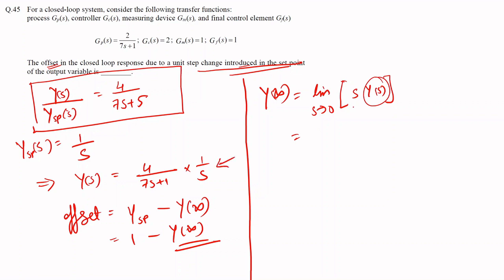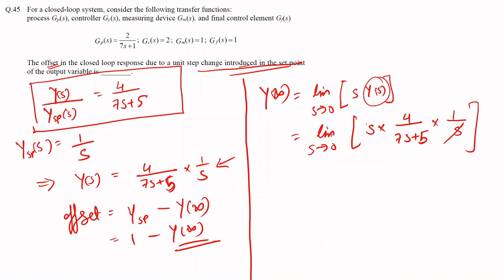We will get the limit as s tends to 0 of s into 4/(7s+5) into 1/s. The s will get cancelled out and we will have the limit as s tends to 0 of 4/(7s+5).